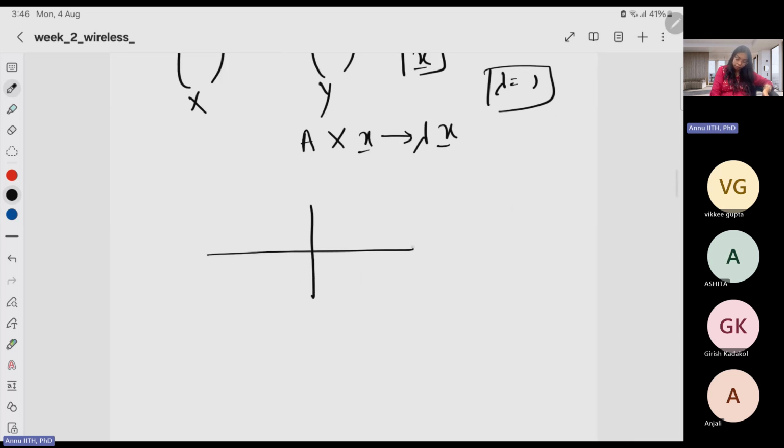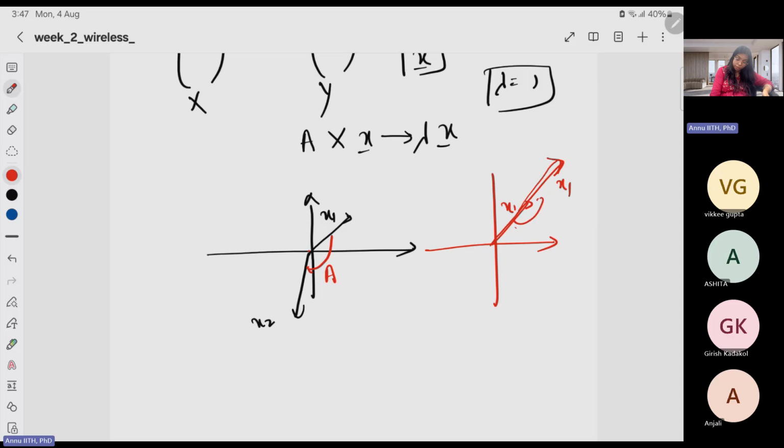Suppose you are in Cartesian coordinates and you have x1, and it is transformed to x2 by the transformation A. In the second case, x1 goes through the transformation A and you get some multiple of x1 only, which is lambda x1.